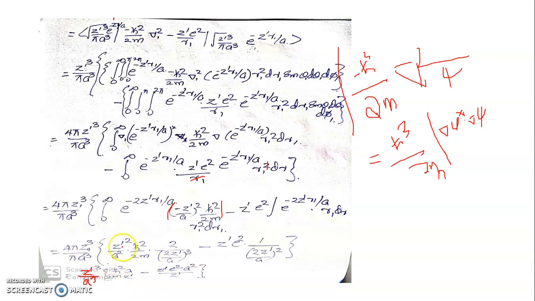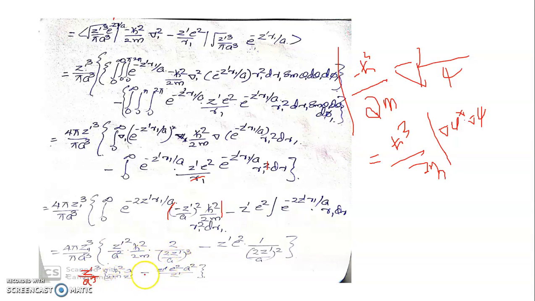Z prime also will vanish. I have a z prime cube here, so z prime comes to the numerator. So h bar square, a comes to the numerator, a square will vanish with a cube and 1 a remains, that comes to the numerator. H bar square a divided by 2m z prime.